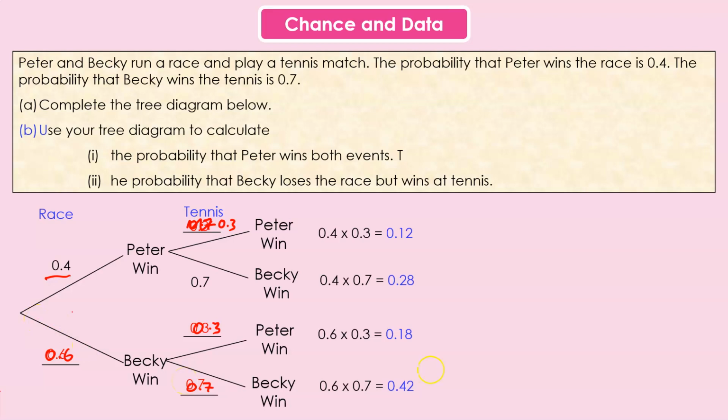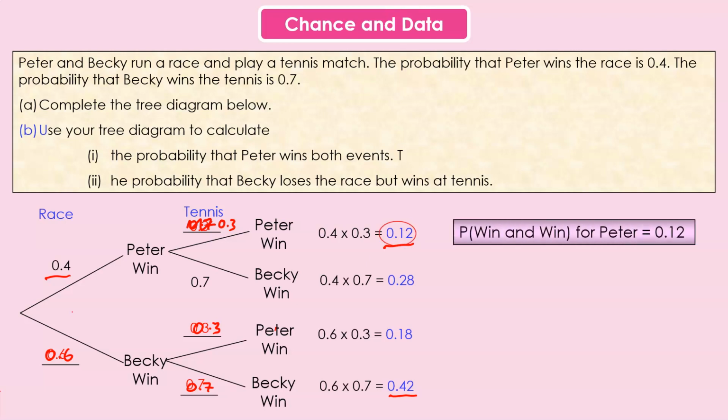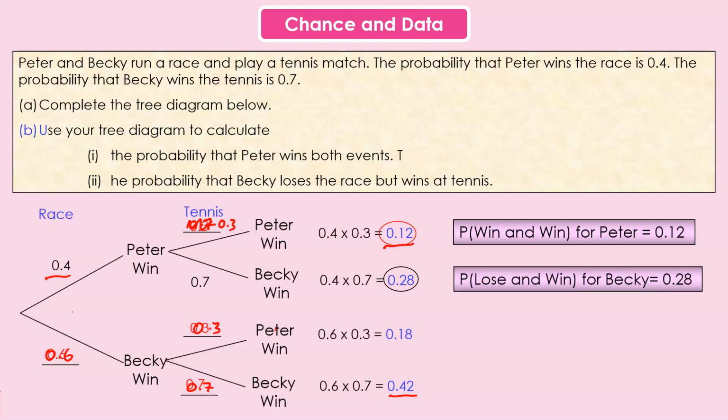So looking at those numbers, because this is the largest, the most likely outcome is Becky winning both the race and the tennis. The least likely outcome is Peter winning both. So the probability that Peter wins both is 0.12, and the probability that Becky loses the race but wins the tennis is 0.28.